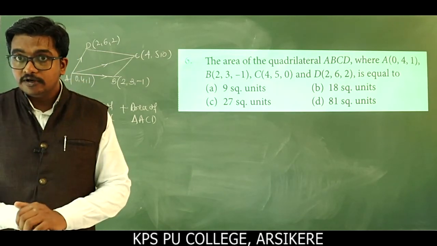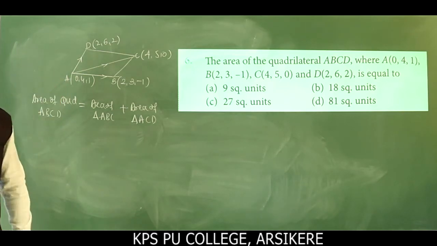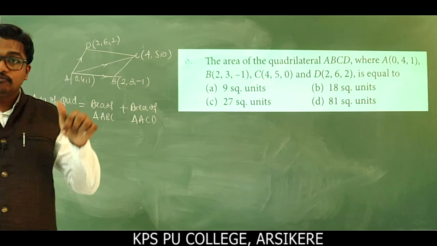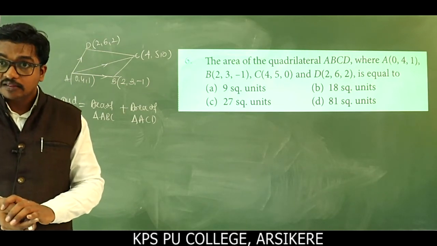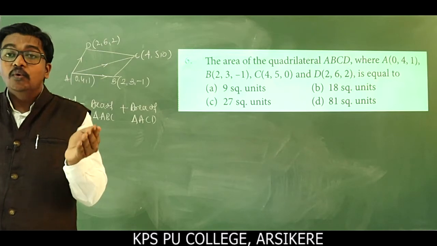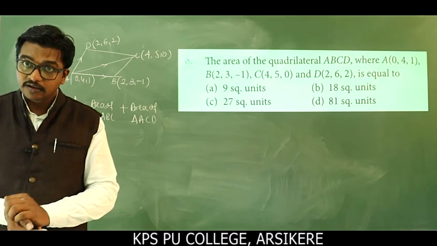Remember, for the area of a triangle when two adjacent sides are given, we use vector algebra, the vector product or cross product. 1/2 times the mod of AB cross AC gives the area of the triangle where AB and AC are the two adjacent sides. So we go with that.